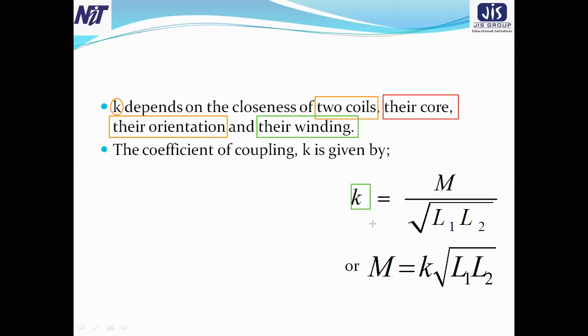In modified form, M equals K into root over L1 into L2. So mathematically K equals M divided by root over L1 L2, so that M equals K times root over L1 L2.